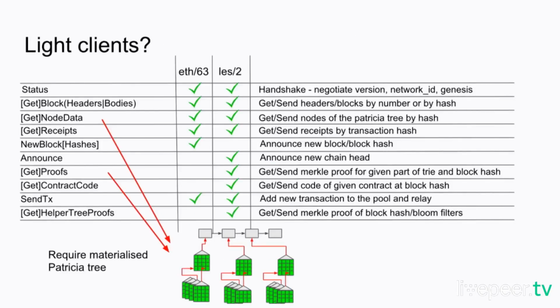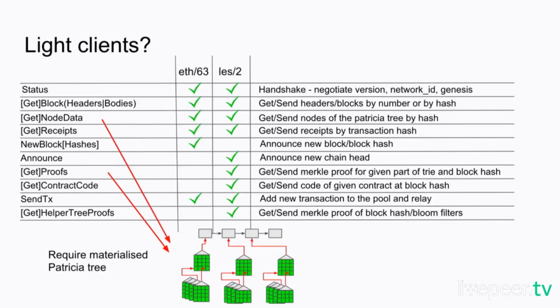Now let's think about light clients. In the beginning, I completely ignored the issue of light clients because I think it would put too much pressure on me. And also I decided not to support fast sync, because fast sync relies on the Patricia tree always being present in memory. If we look at these protocols, one of them is called ETH and one of them is called LES.